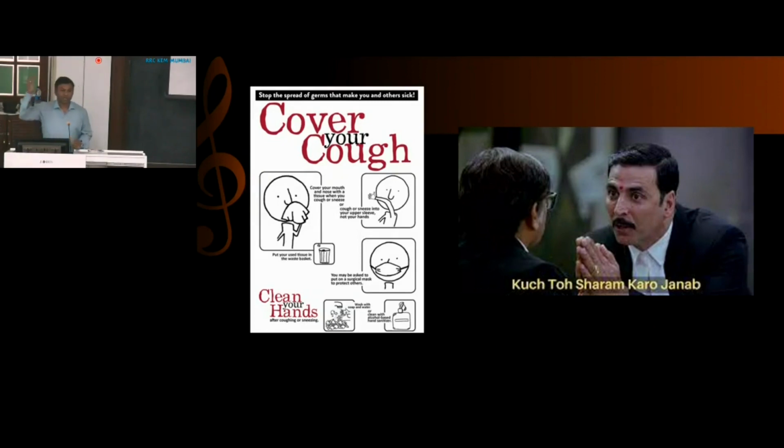Not the hand. Why not the hand? Which we commonly do. हाथ से करते हैं ना generally. Why not the hand? Because once you cough or sneeze into the hand, you will touch the other surfaces. If you are using hand, you have to immediately do a hand hygiene so that you do not transmit.